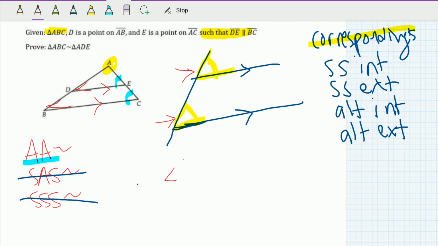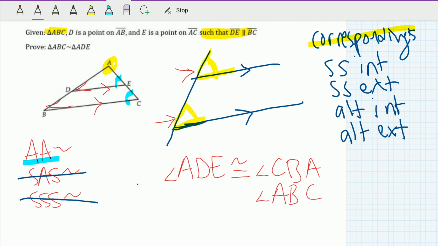So let's say angle ADE is congruent to angle, you've got to be careful now. I will accept two different ones. I'll accept CBA, and I'll accept angle ABC. The only thing I will not accept is if you say angle DBC, because point D is nowhere in the big triangle.